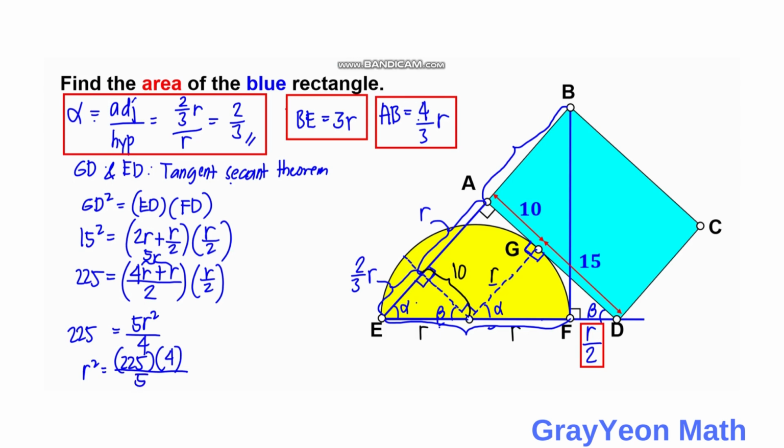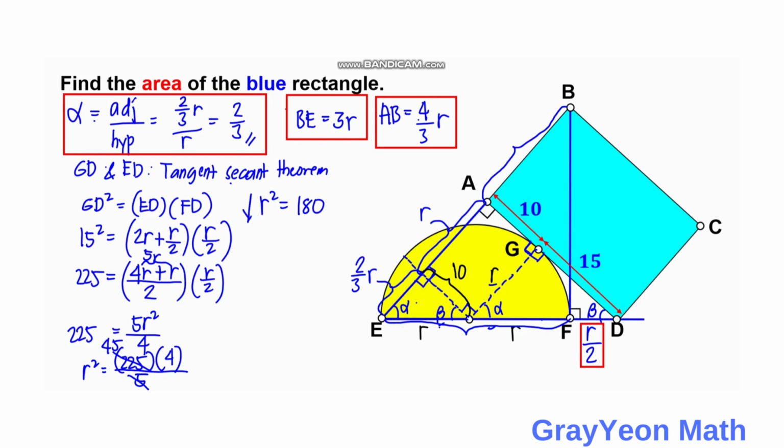If I divide 225 by 5, this becomes 45, and 45 times 4 gives R squared equal to 180.